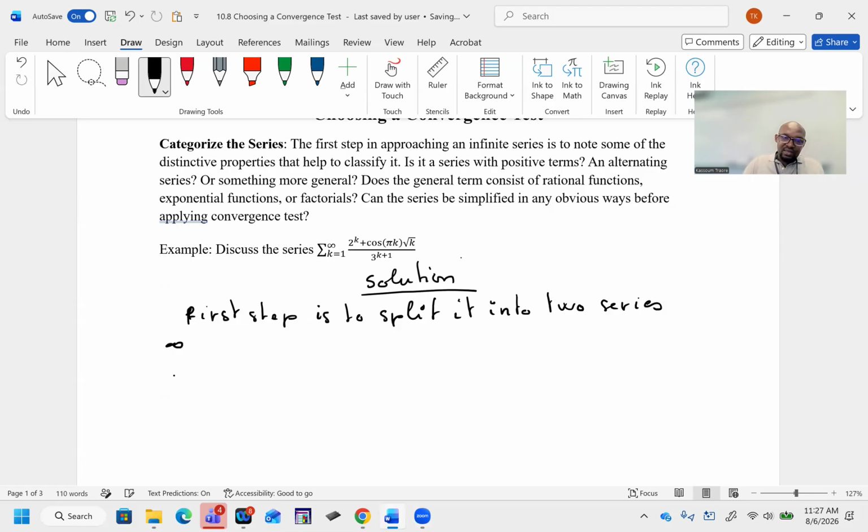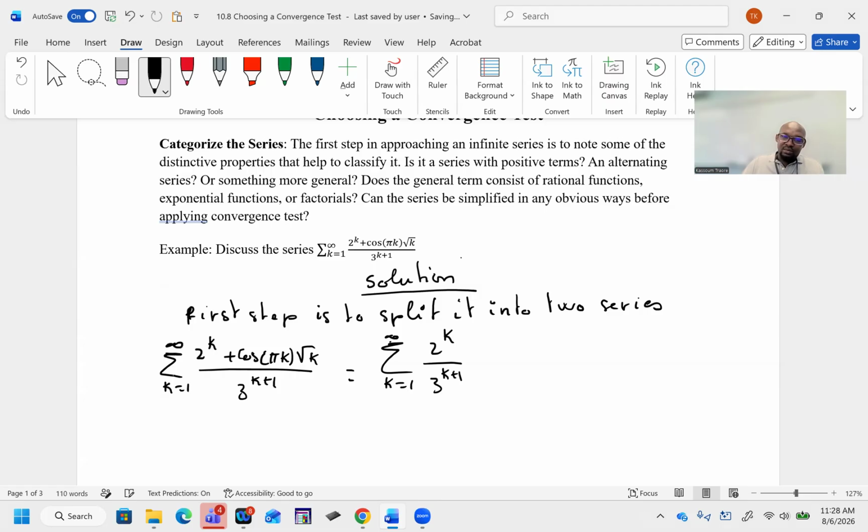We have the sum from k equals 1 to infinity of (2 to the power of k plus cosine of pi times k times square root of k) divided by 3 to the power of k plus 1, which will be the sum from k equals 1 to infinity of 2 to the power of k divided by 3 to the power of k plus 1, plus the sum from k equals 1 to infinity of cosine of pi times k times square root of k divided by 3 to the power of k plus 1.